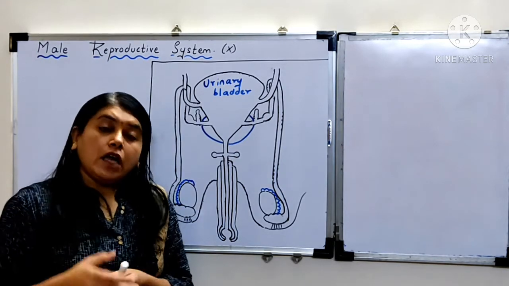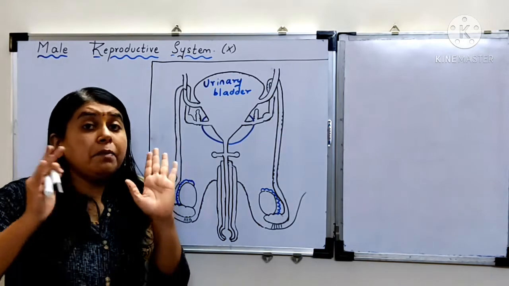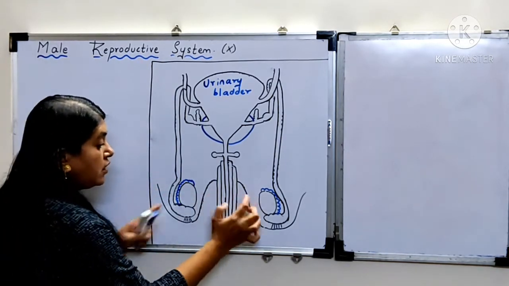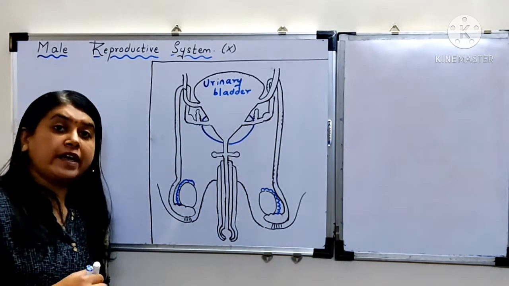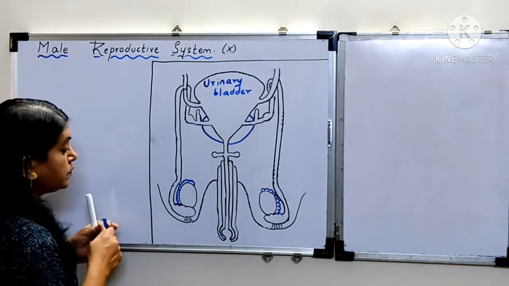Urinary bladder. Now, male reproductive system consists of what all main parts? A pair of testes. So these two are a pair of oval shaped organs which are called as the testes. So let me label that part first.